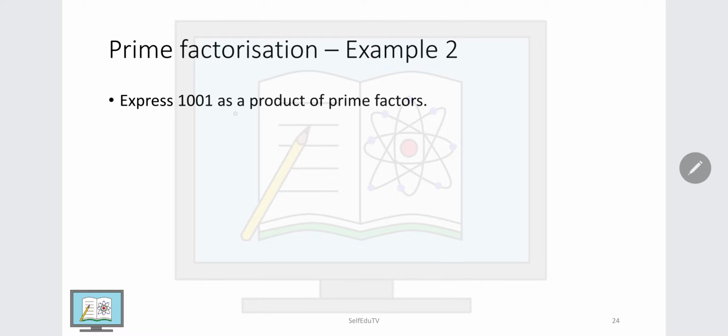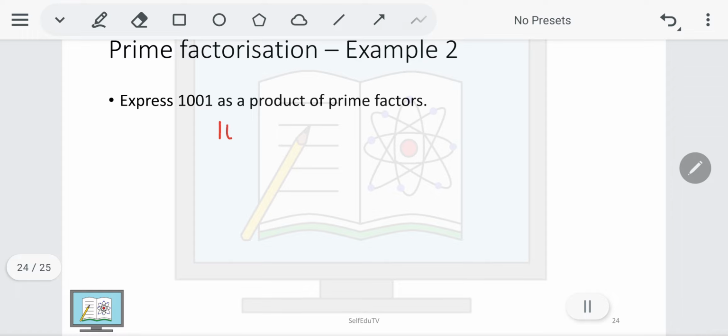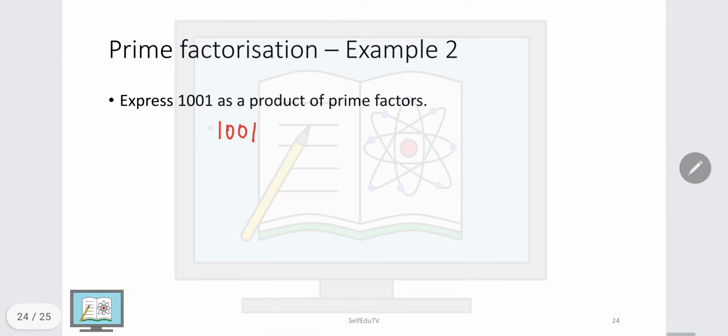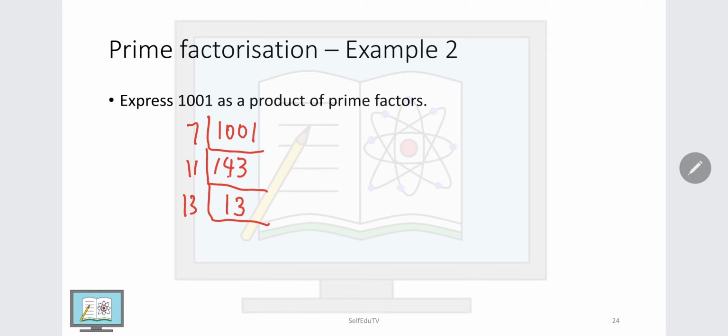Same way of doing it. So 1001 is 7 multiplied by 11 multiplied by 13. That would be your final answer.